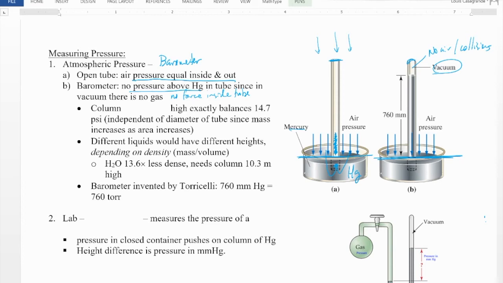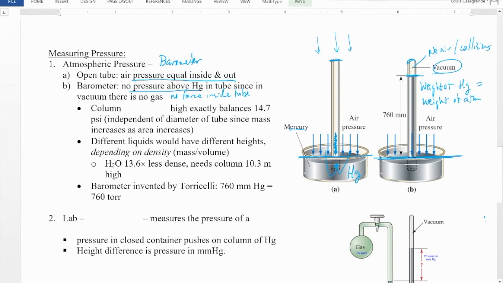All right, so back to the mercury. It turns out that we need to have an equal pressure, so we need something pushing down. So what happens is the mercury rises to this height of 760 millimeters, where at that height, the weight of the mercury is exactly equal to the weight of the atmosphere.